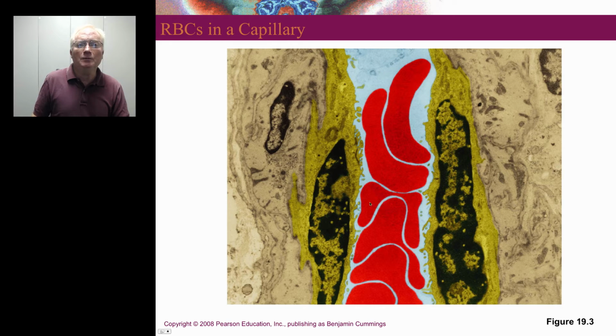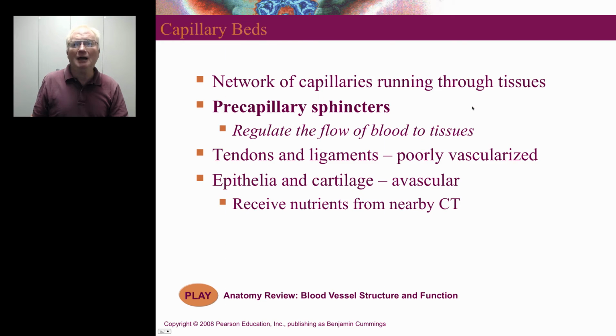And you notice that the diameter of a capillary is actually smaller than the diameter of a red blood cell. So they have to squeeze through by deforming to line up single file to get through the capillary. That maximizes the exchange of gases and nutrients and waste products between the red blood cells and the tissues surrounding the capillaries.